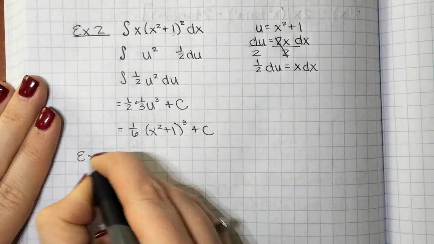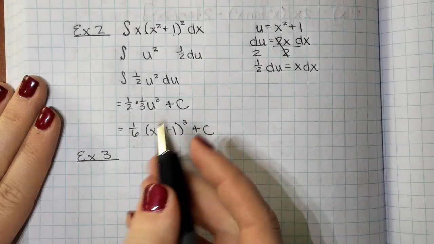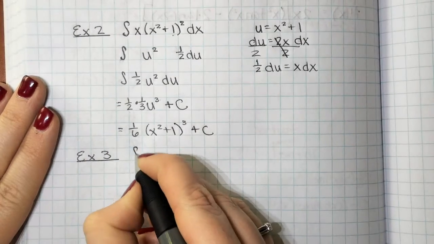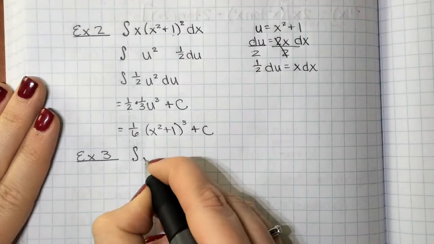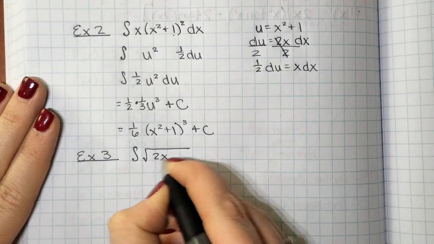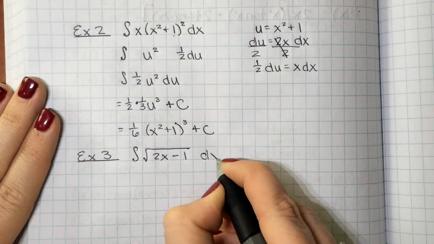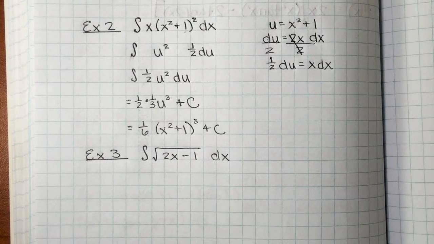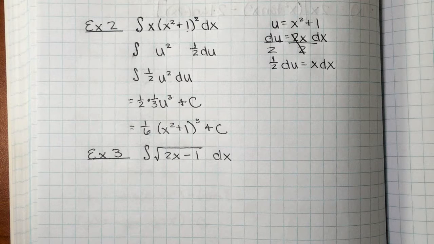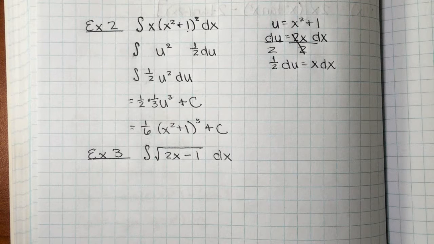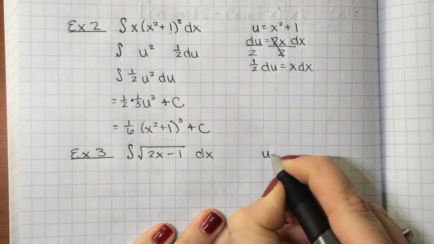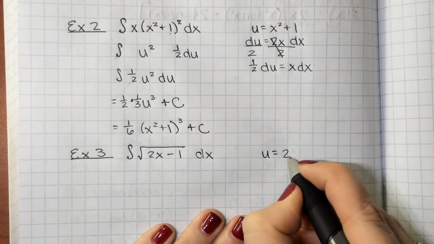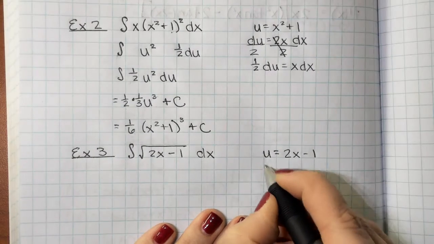So example 3, as I look at this function, integrating radical 2x minus 1 dx. I need you guys to think, what's the inside function? Yeah, 2x minus 1. So if u is 2x minus 1, what's du?